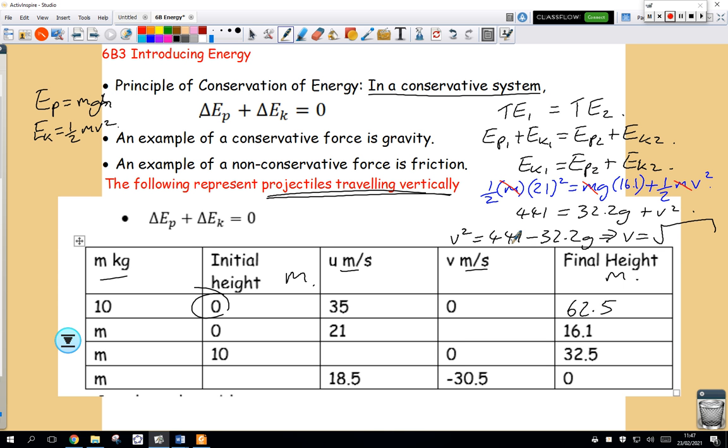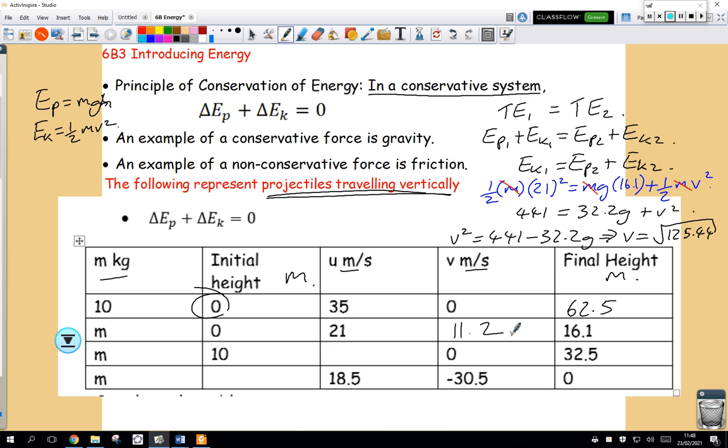Okay, so I'm going to use my calculator again here. 441. I'm going to let 9.8 be g, so 441 minus 32.2 times 9.8. That's 125.44. I'm going to take the square root of that, and that works out quite nicely at 11.2.